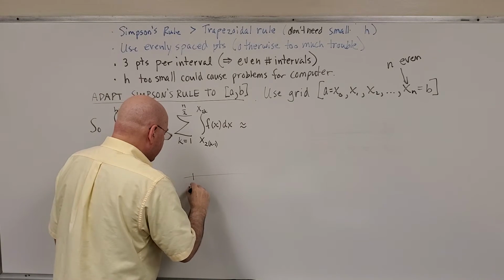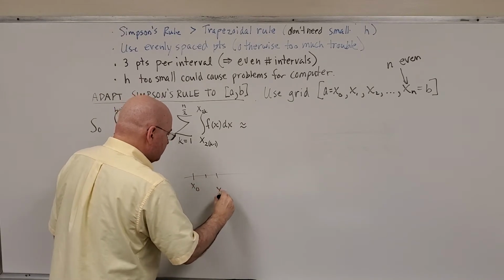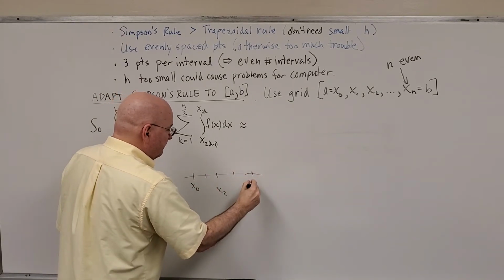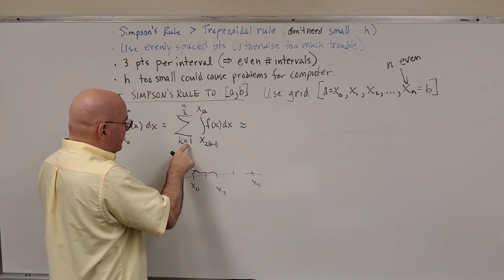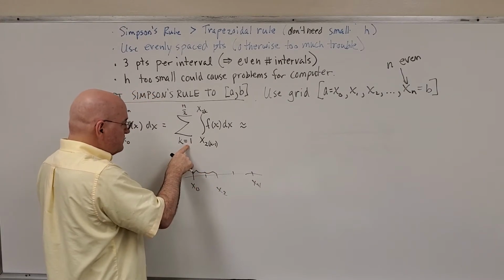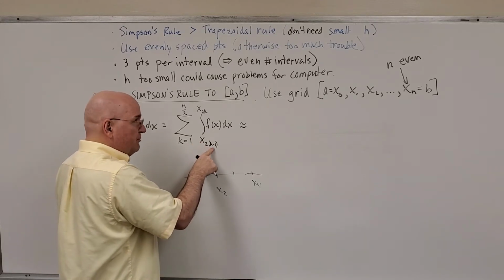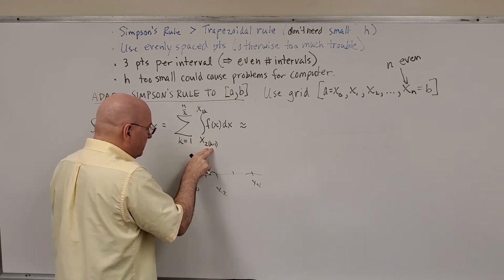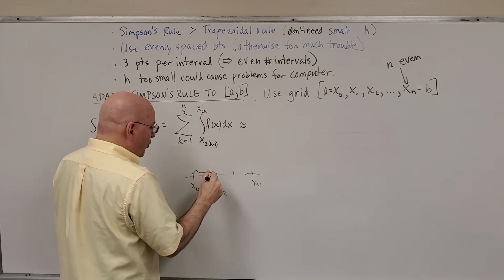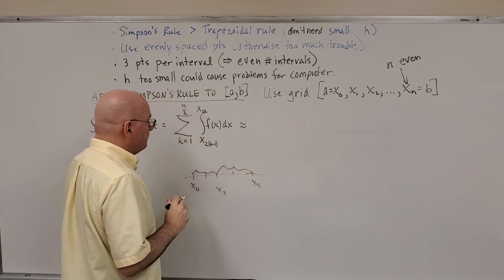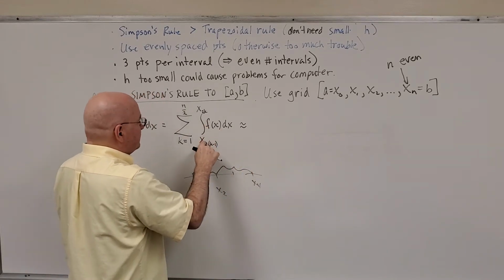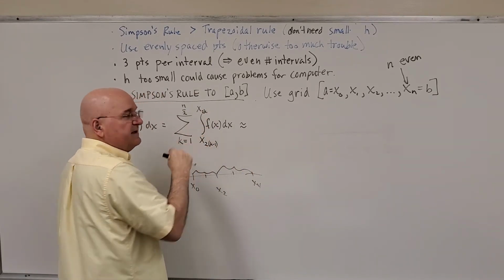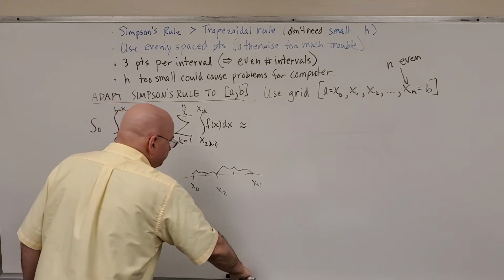So we're going from x0 to x2, and that's the first interval, and then k bumps up to a 2. Well, 2 times 2 minus 1, that's 3, and 2 times 2 is 4, so that takes us to here. And if n were bigger than that, then we'd go from x4 to x6, x6 to x8, and so on.